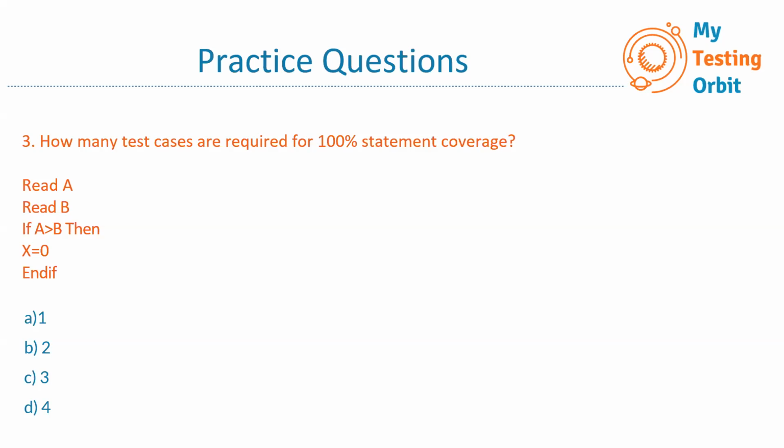But I just wanted to make this concept clear: branch coverage is similar to decision coverage. And just like we said that 100% decision coverage covers 100% statement coverage, we can put branch coverage at the top of decision coverage. So we can say that 100% branch coverage guarantees 100% decision coverage, and 100% decision coverage guarantees 100% statement coverage.